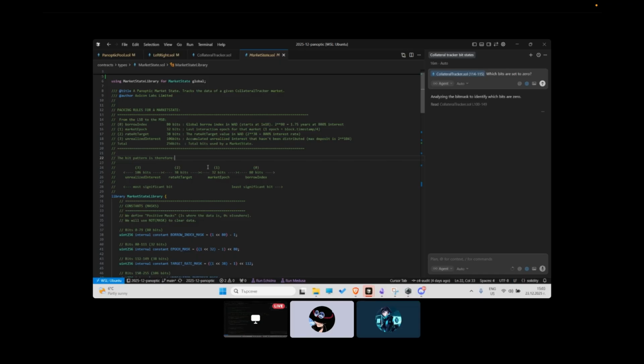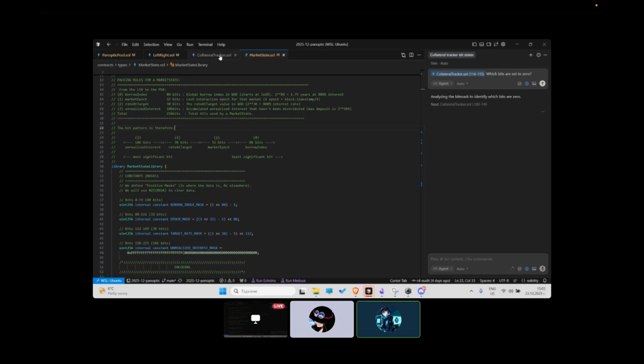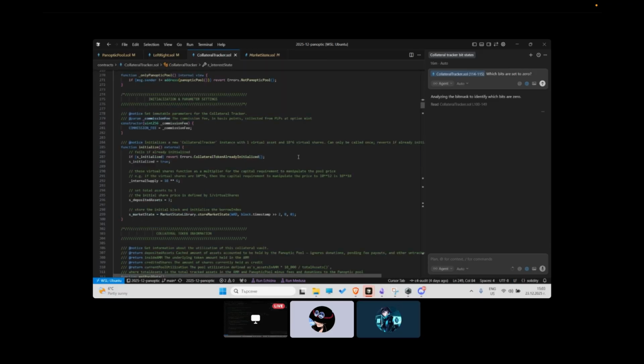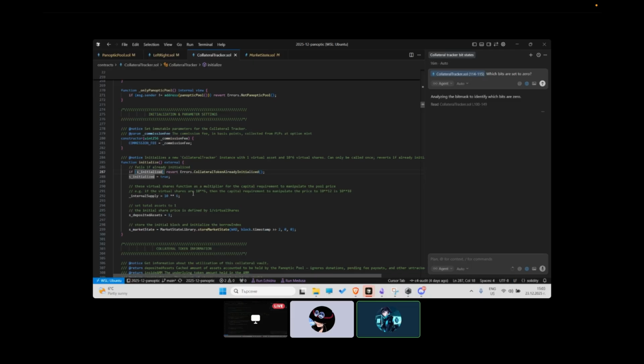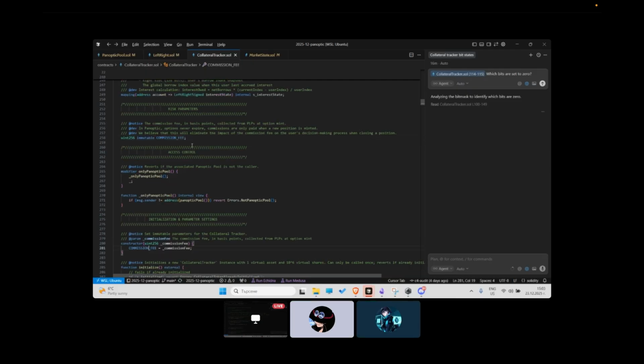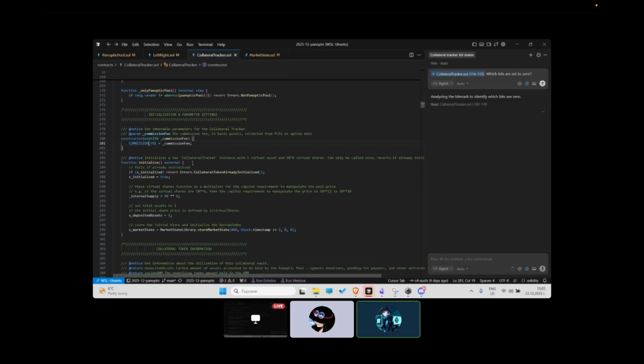Okay, cool. Let's just go back to the function. This commission fee must be immutable, right? Because it's in the constructor. Yep, immutable. Okay, they have initialize.